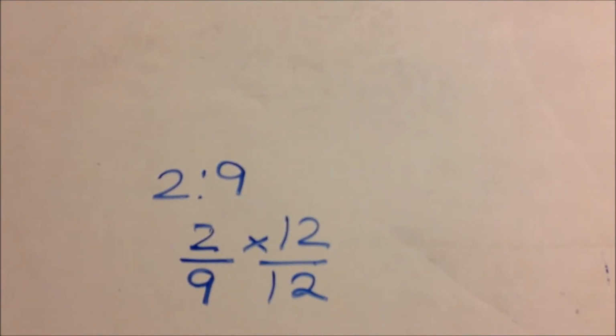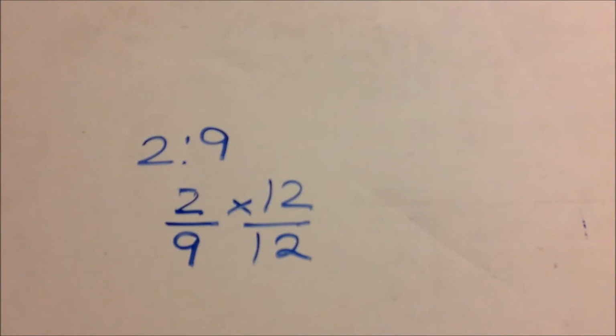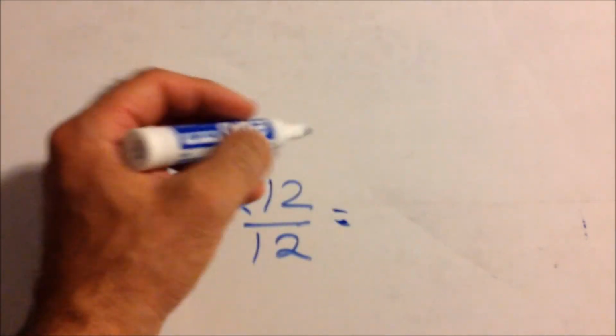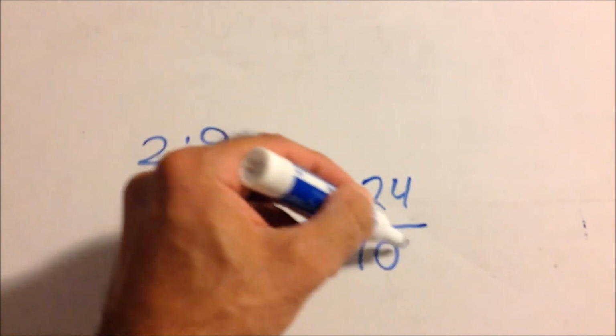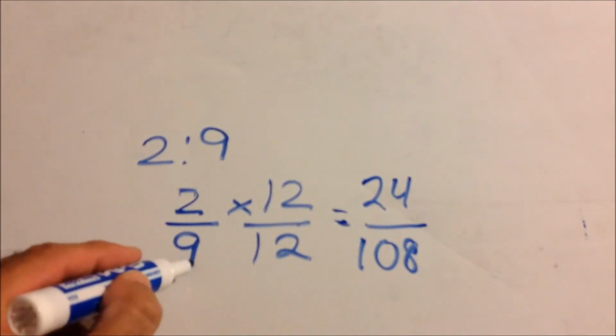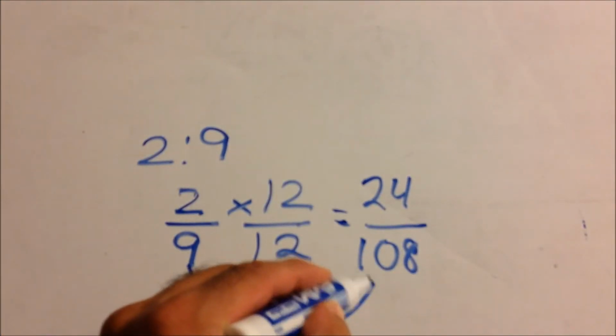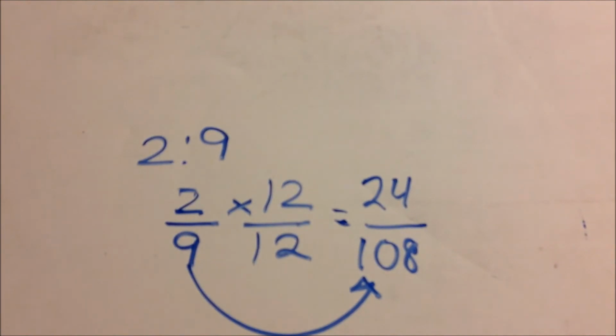We can use 12, we can use 13, we can use any number to get an equivalent fraction. We can use 1,000,000. So if we use 12, what would we get? The top number, we would get 24 to 108. So 2 to 9 is equivalent to 24 over 108. Now, you could have got a different one depending on the number you used.